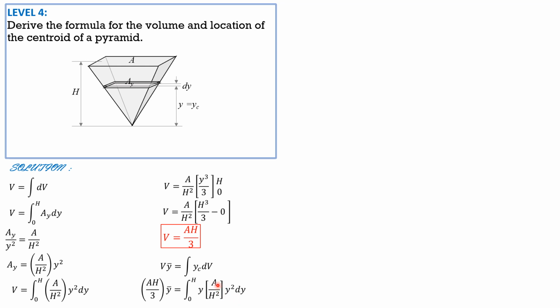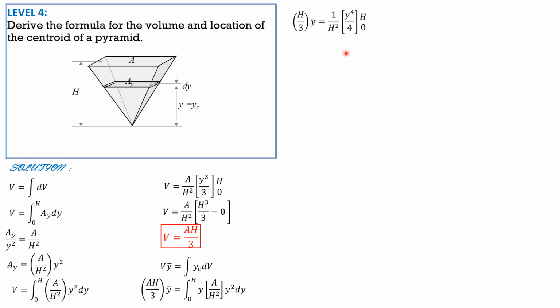So if we factor out area, we can cancel area, by the way. And if we simplify the right side, that's the integral from 0 to H of y cubed dy, which is y to the 4th over 4. So canceling out area, H over 3 times barred y equals 1 over H square.